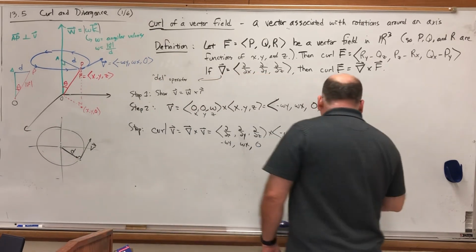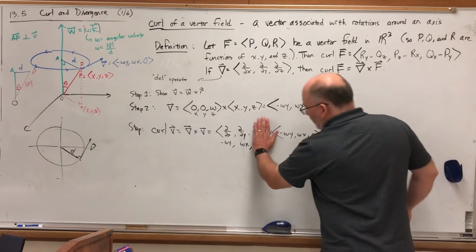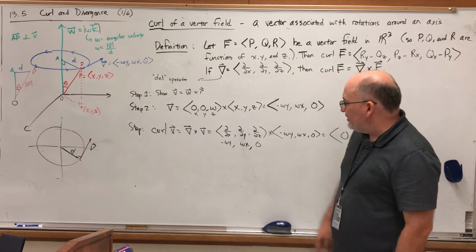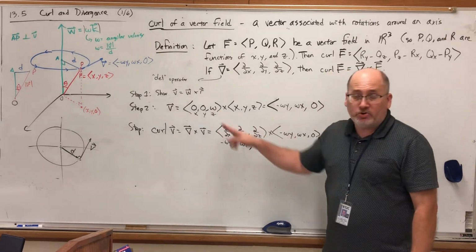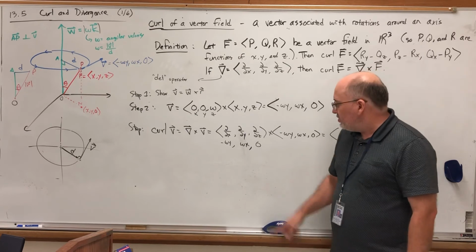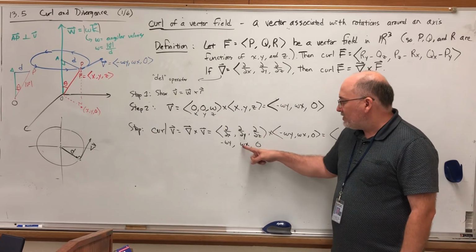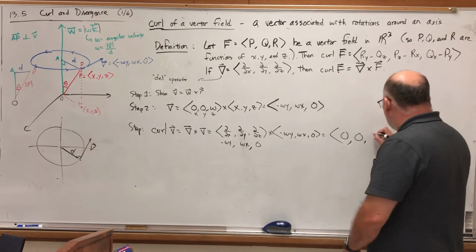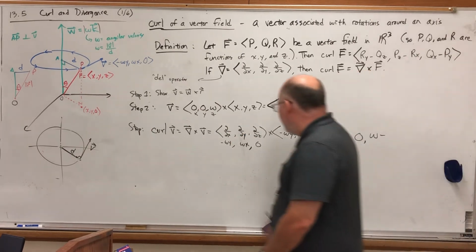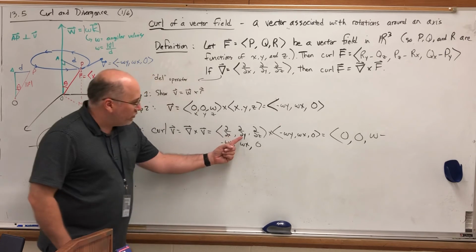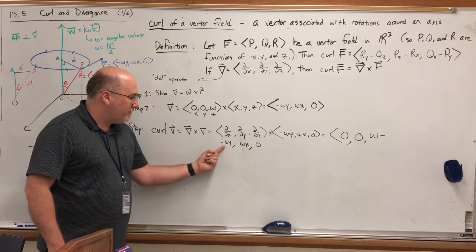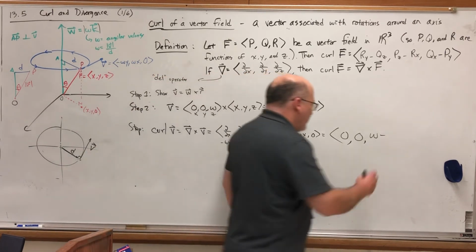And for the third component of the cross product, cover up the third components, take the determinant. Remember, the determinant here is taking partial derivatives, not products. So along the main diagonal, the partial derivative of omega x with respect to x is omega, minus, in the other diagonal, the partial derivative with respect to y of negative omega y is negative omega.